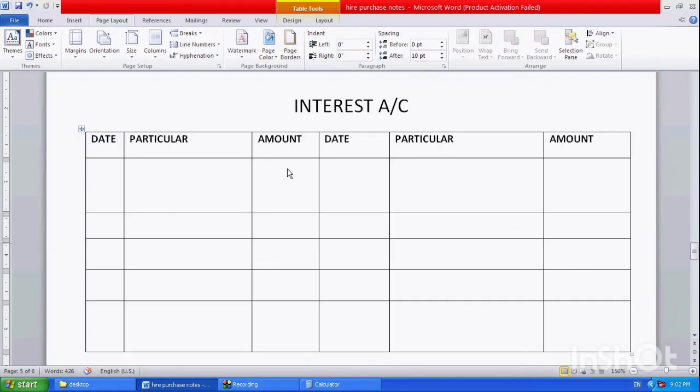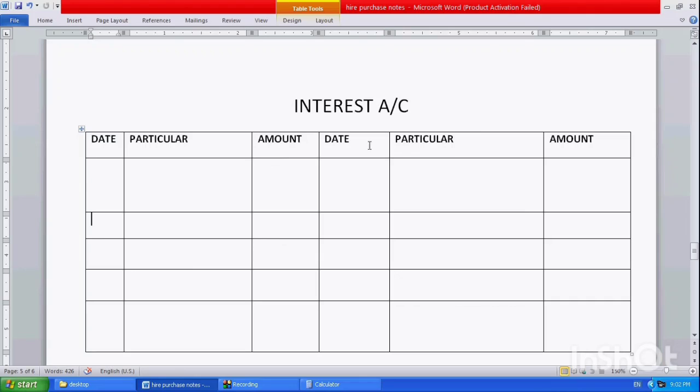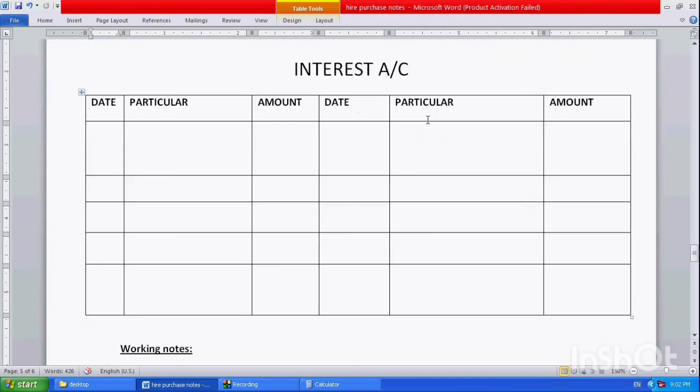Okay, now let's go for the interest account. See, date, particulars, amount, date, particulars, amount. This is the way you have to create. Now 1st January 2000, to interest suspense account.